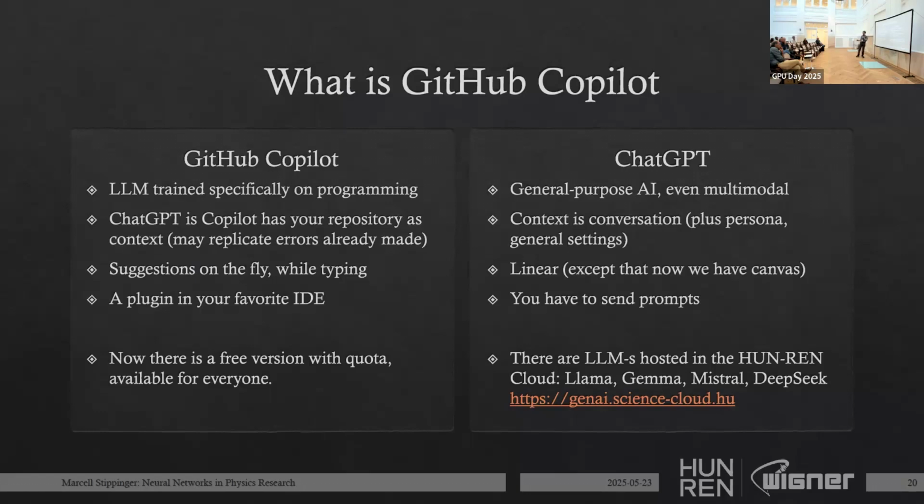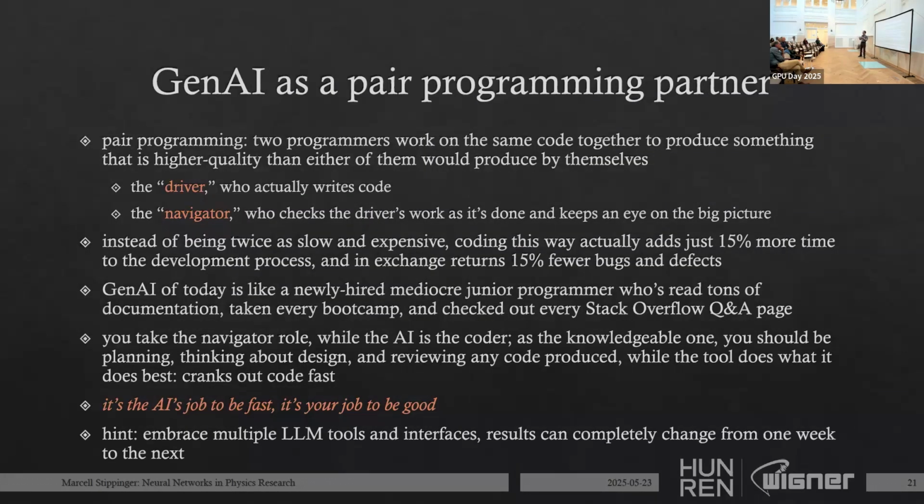It has advantages. If you use it as a pair programmer, then it acts as a newly hired programmer who has taken all the possible boot camps, but is already familiar with the company's code base.